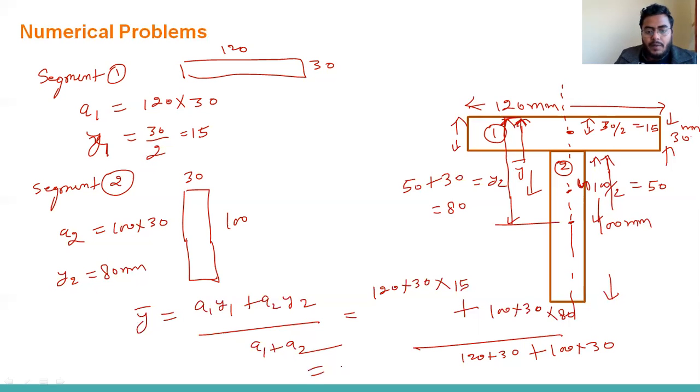I've calculated it, so I'm writing directly: that will be 85.45 mm. No need to calculate x bar, because we know it from the beginning due to symmetry.